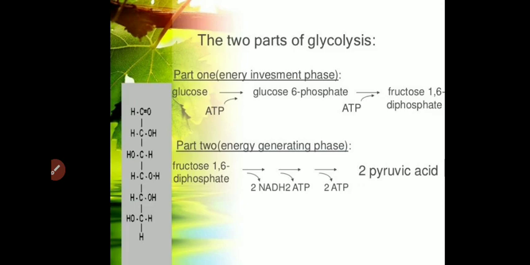This first step is carried out, and the second phase, or part 2 of glycolysis, is known as the payoff phase or energy generation phase, in which energy is generated by the conversion of fructose 1,6 diphosphate into 2 pyruvic acid.